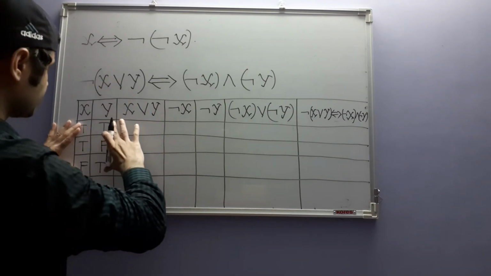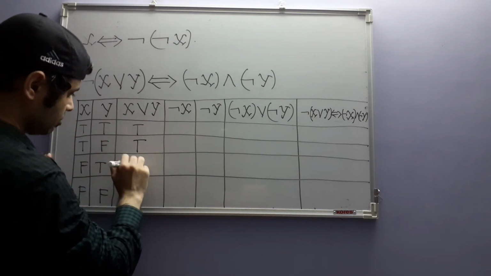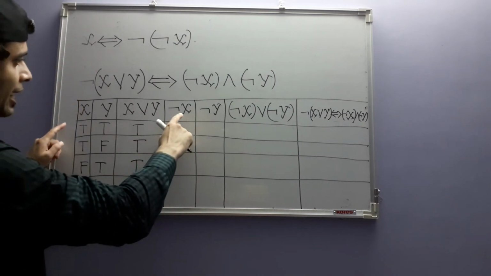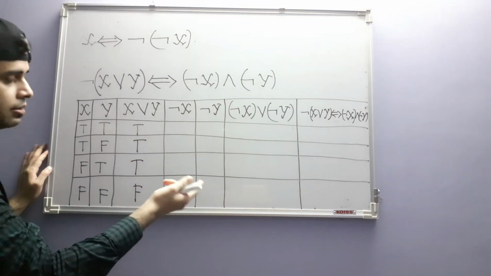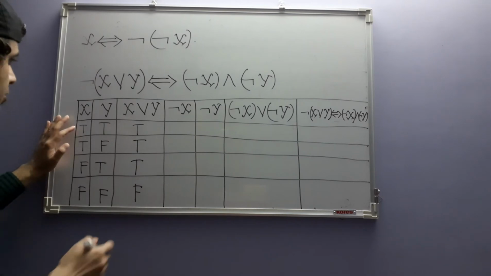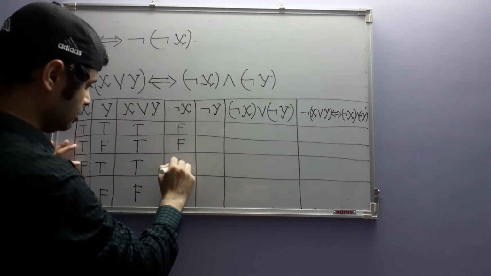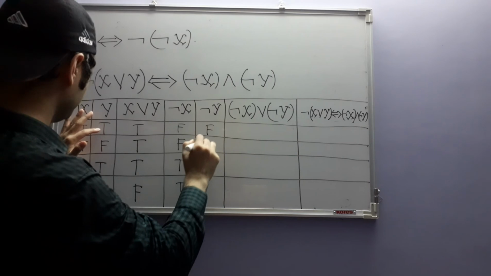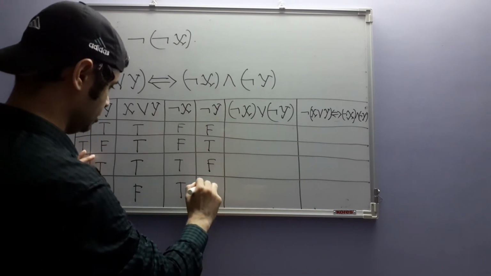So in the first 3 cases, we have true, and only in the last case we have false. Now to write the column for negation of X, you just interchange T for F and F for T. So it becomes F, F, T, T. Similarly for Y it becomes F, T, F, T.